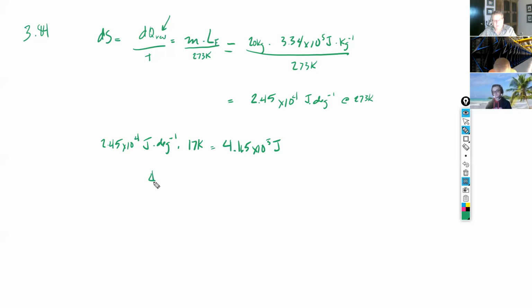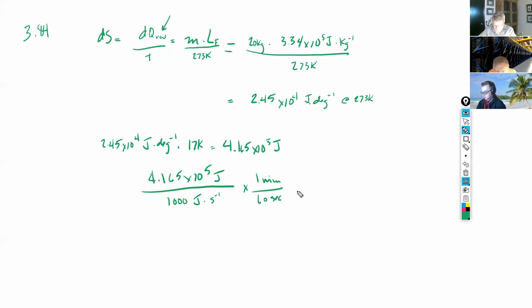Now, the engine needs to generate this much heat, and it's a kilowatt, which is 1,000 joules per second, times 1 minute over 60 seconds, which is equal to 6.94 minutes, which is what you got, right, Jim?